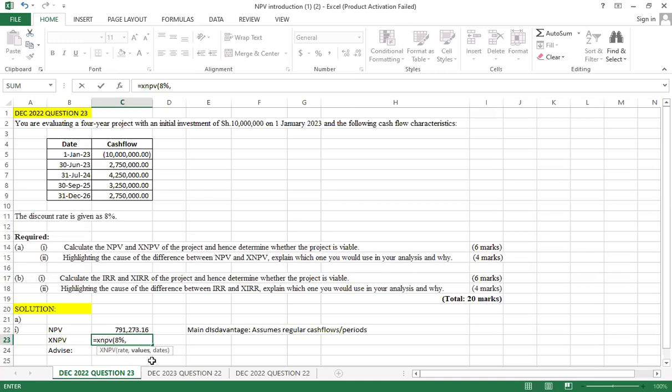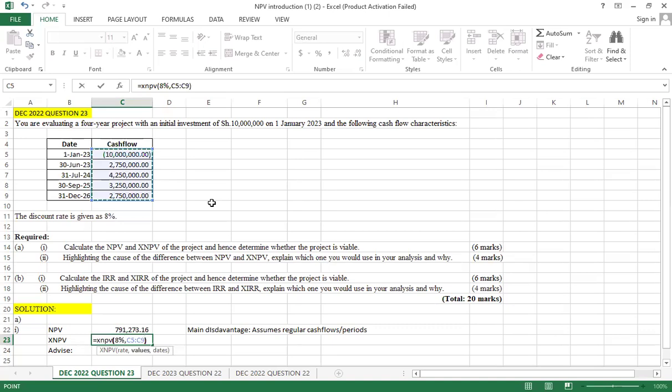You are then told to look for values. By values, we mean cash flows. In this case, we shall pick all the cash flows, including the initial investment. So highlight all from minus 10 million to the last.